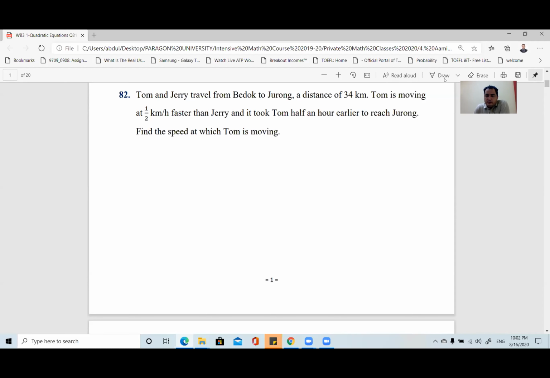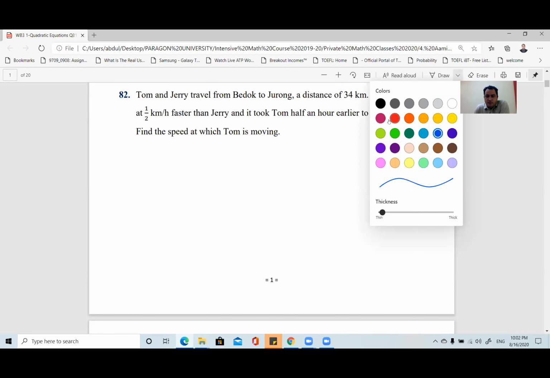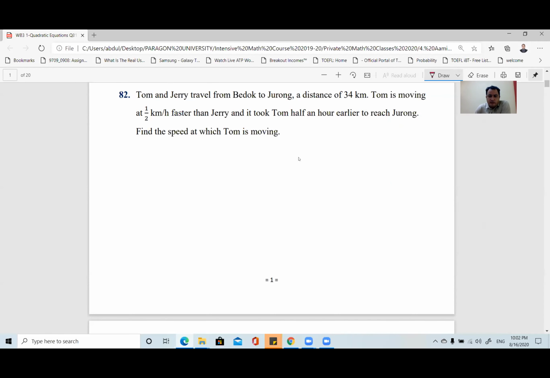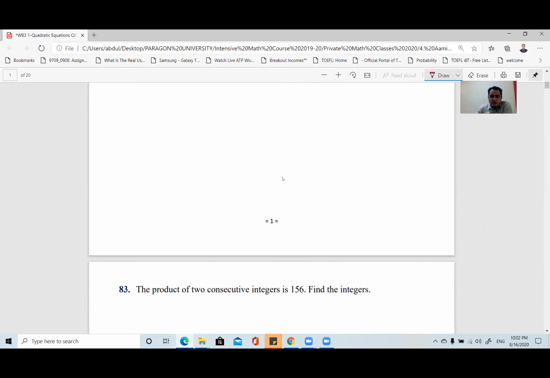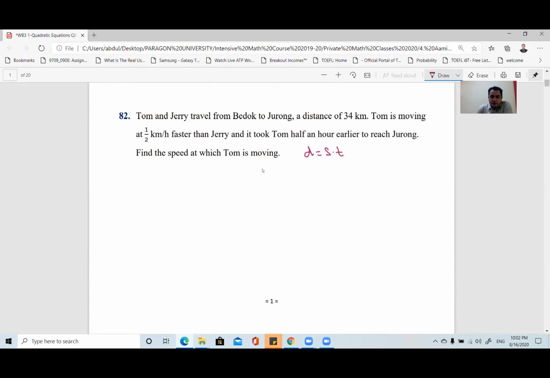What I mean here is, okay, we are talking about distance and time, right? We are going to use this formula, that is S times T. Number one, let me do it here, because I need more space. So you are talking about two people, right?